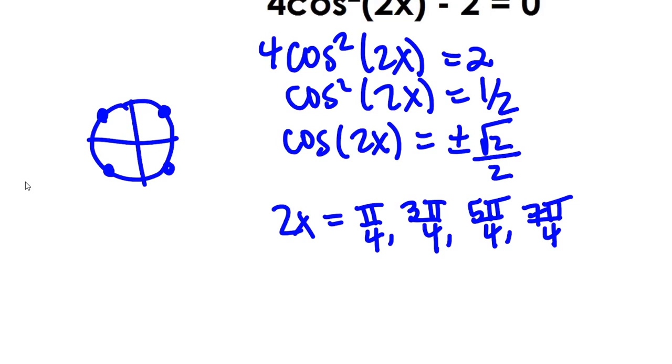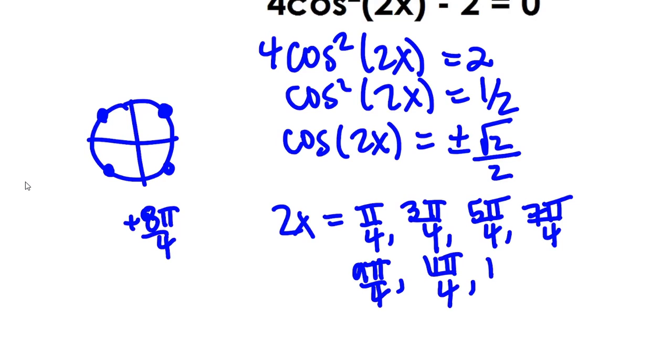So for this one, I'm going to add 2 pi, or 8 pi over 4, to get 9 pi over 4. Add 8 pi to get 11 pi over 4, 13 pi over 4, and 15 pi over 4. And now I can divide all of these by 2.